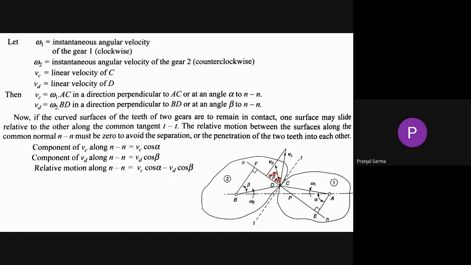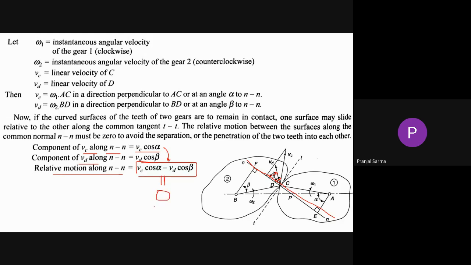Now the component of PC along the common normal will be PC cos alpha, and the component of PD along this common normal will be PD cos beta. So the difference of these two will be the relative motion along that particular direction.